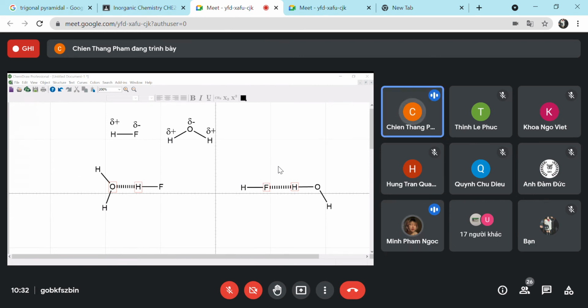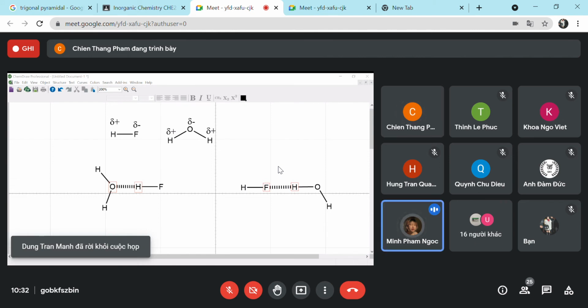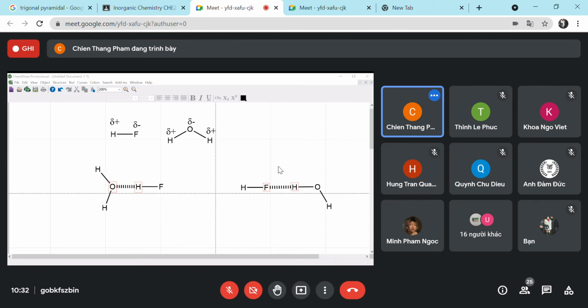Okay, so now let's consider HF and HF. Is there any hydrogen bond between HF and HF? Let's consider 2 HF now. Why do you say no?